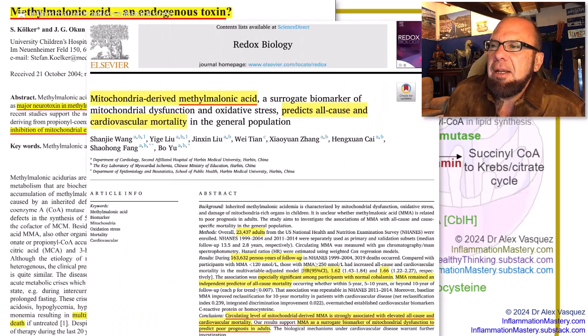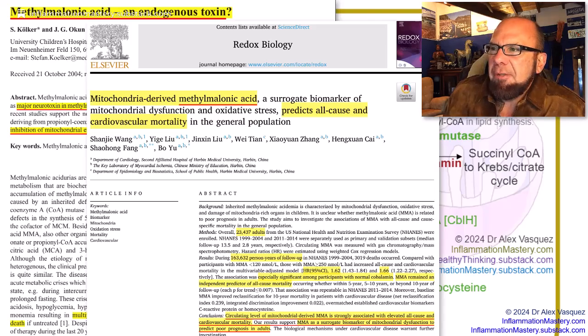But what I want us to do right now is look at methylmalonic acid not as an innocent bystander or byproduct that elevates with B12 deficiency, but rather an indicator of unwellness and unhealthy aging, specifically as it causes neuroinflammation, mitochondrial dysfunction, and promotes tumor growth.